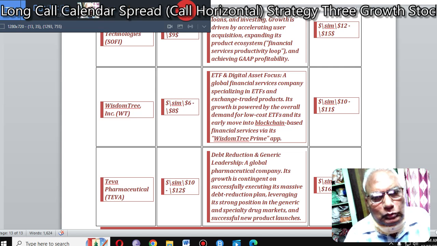Its growth is powered by the overall demand for low cost ETFs and its early move into blockchain based financial service via its Wisdom Tree Prime app. Target price is $10 to $11.